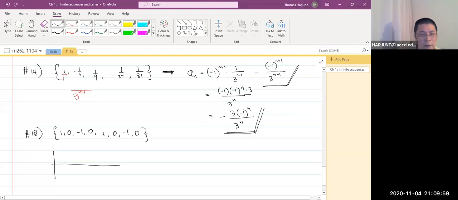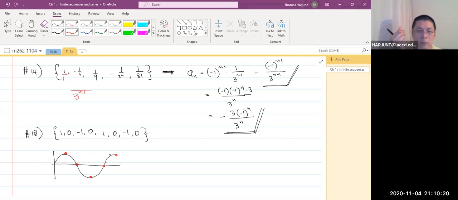Start this way. When n equals 1, it's 1, n equals 2 is 0. Like that, right? Do you see that pattern? Then play around with that.